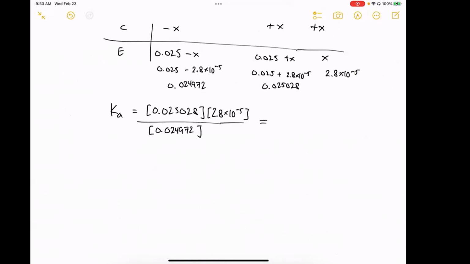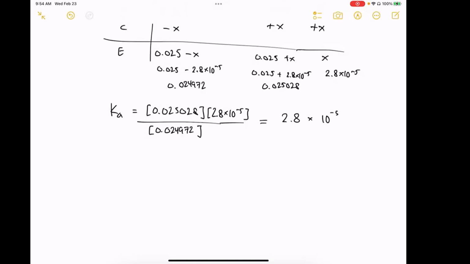So if we do that calculation, you'll see right away it's pretty much the same thing we did before. 0.025008 times 2.8 times 10 to the negative fifth divided by 0.024972, and we still get 2.8 times 10 to the negative fifth as my Ka.